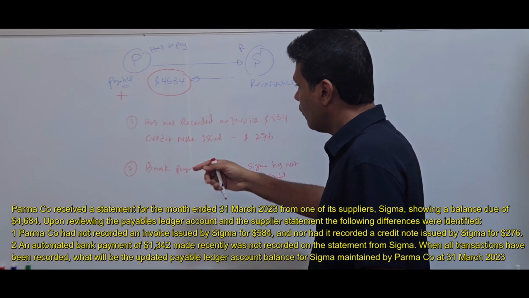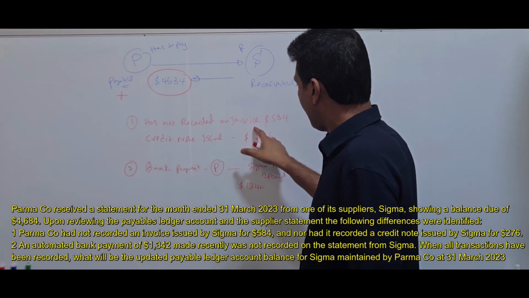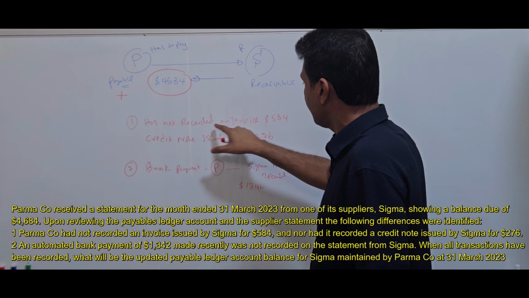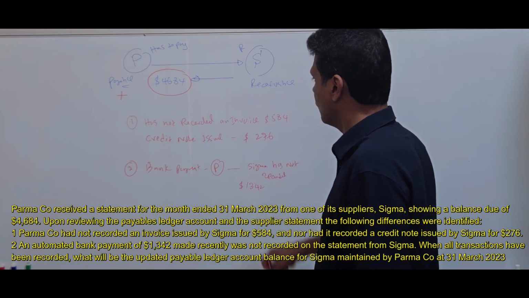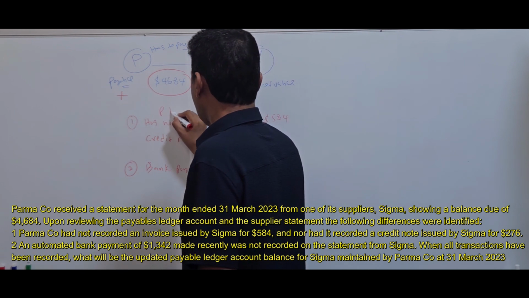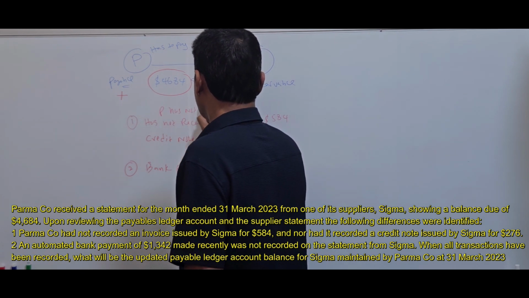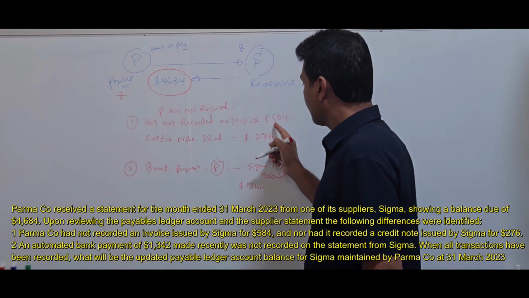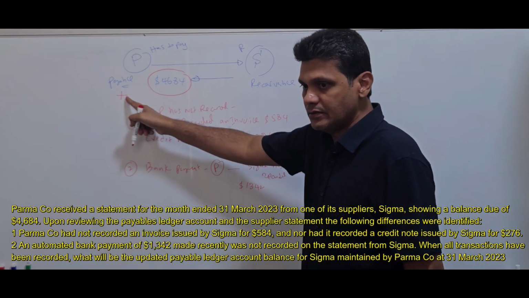Okay, so therefore this balance, the invoice has not been recorded, 584. Who has not recorded? P has not recorded. So he has to record it, right? To record, do you have the balance?